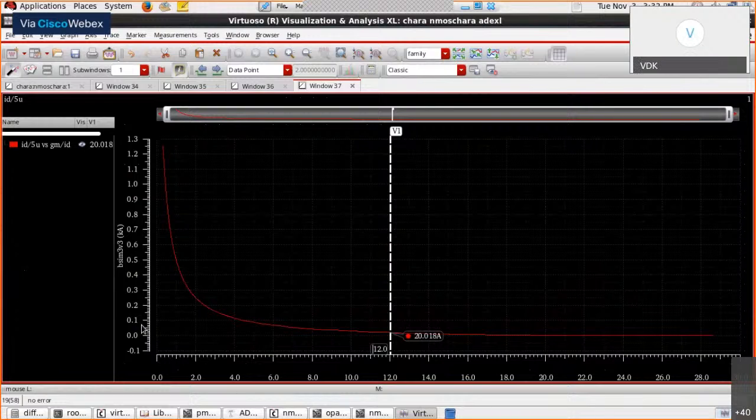The current density also remains the same, but the current value is 10 times that of the current for the input transistors. As a result, the width turns out to be equal to 10 times. If you divide the current density 20 by the current we already got, you can see in the spreadsheet 125 microamps, we will get 6.25 micrometer.